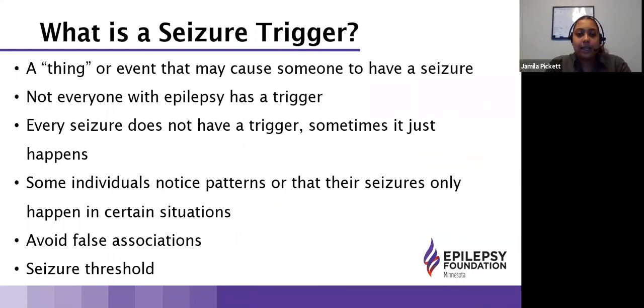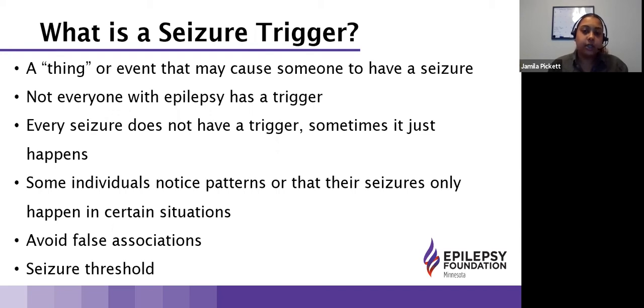So what is a seizure trigger? The way that we have it on the screen here is a thing or event that may cause someone to have a seizure. It's really hard to describe to an individual what a seizure trigger is without talking about that specific trigger, because a trigger could be so many things.